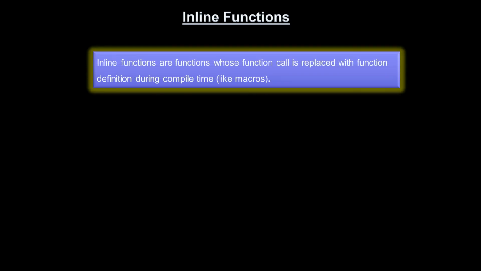Inline functions are functions whose function call is replaced with the function definition. Macro calls are replaced with the macro definition. In the same way, we can have the function call replaced with the function definition. So inline functions are functions whose call is replaced with the function definition during compile time, like macros.